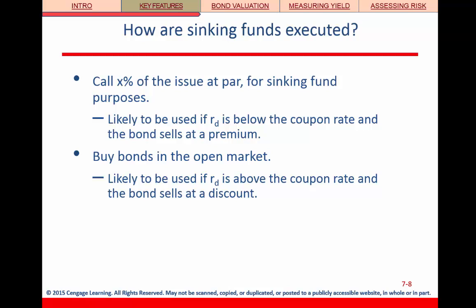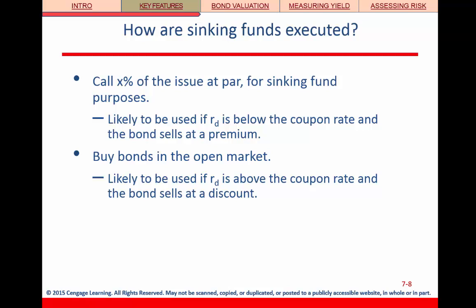So for them to buy it back, they may have to pay $1,200. Well, they don't have to because they get to call, like the callable feature, call back a percentage of the issue at par. So they can get it back for $1,000 each for however many bonds they issued.